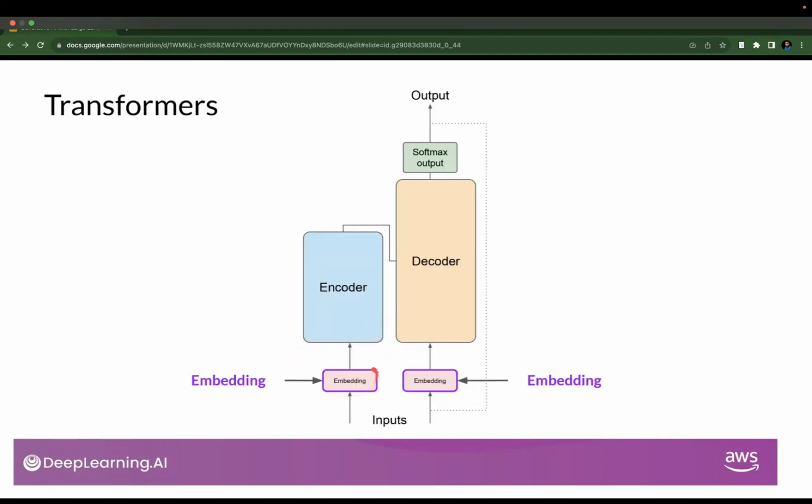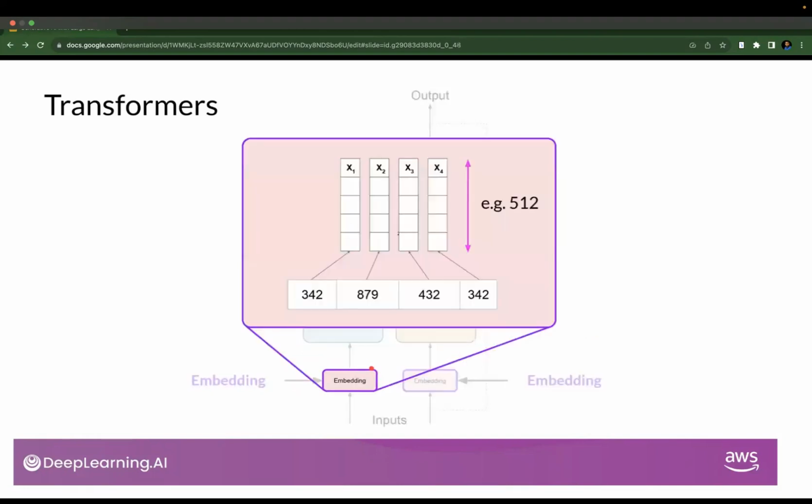Let's focus on the encoder for now. For each token, embeddings are generated. For each token, the embedding is an array, or a vector, of numbers. If two words are close in meaning and context, their embeddings will be near to each other.